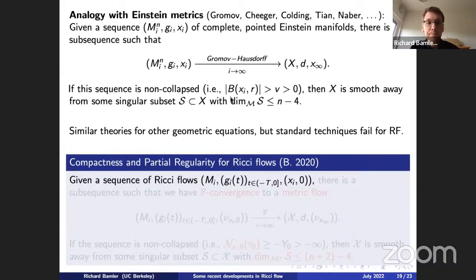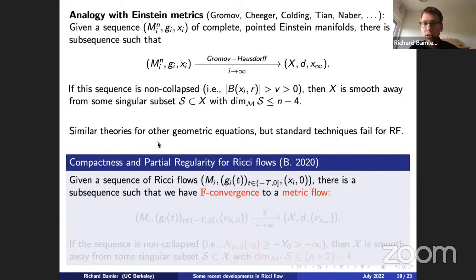Let me state this here briefly. Again, let's suppose we have a sequence of Ricci flows, and let me assume that the base point lives in the final time slice. Then there's a subsequence that F-converges.